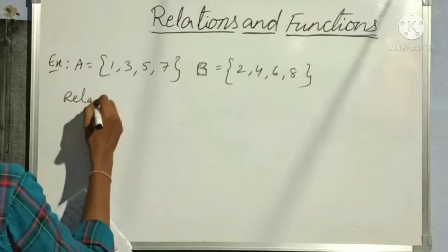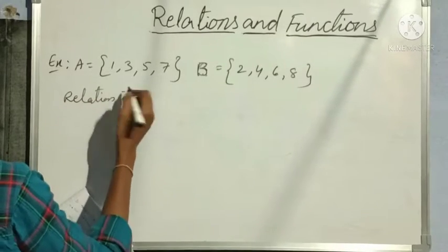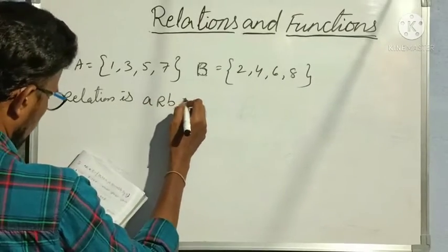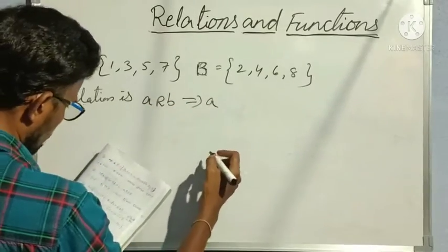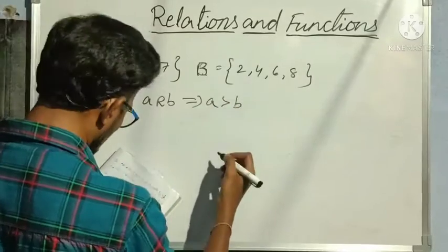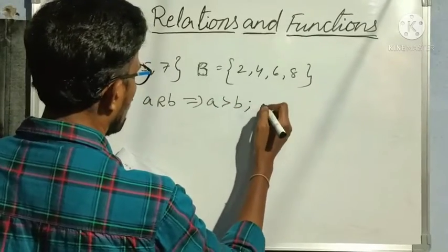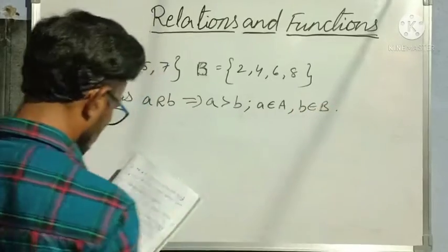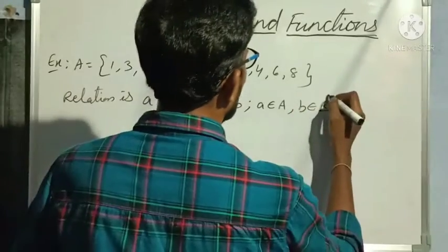Relation is A R B implies A greater than B, such that a belongs to A, b belongs to B. This is the set builder form.